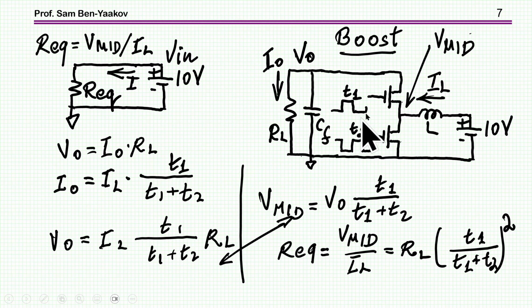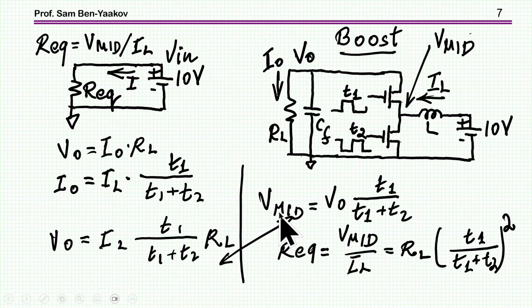So the average current coming here is T1 over T1 plus T2 times IL. And then I can plug in, instead of the output voltage being the output current times RL, I can express V out as a function of the inductor current by this.